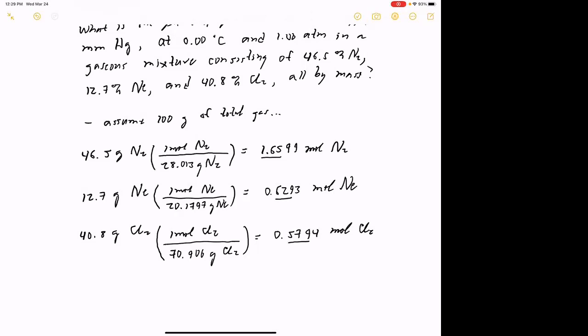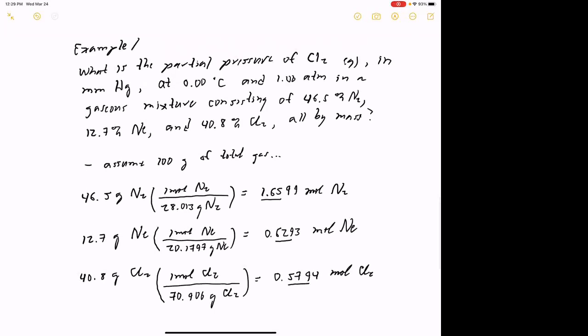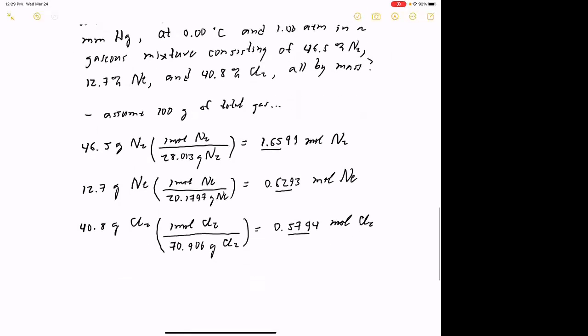All right, so the deal here is that, again, I'm trying to make a comparison now. It's almost an initial-final type situation, if I wanted to think of it that way, between the total mixture of the gas, all the gases together, and then one specific gas, which is the chlorine gas. So what I need to do is first sum up the total number of moles of gas that I've got.